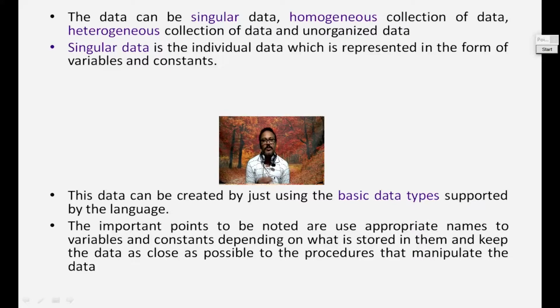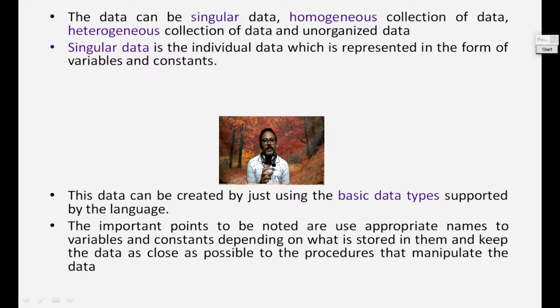Singular data means simple variables. Suppose you are writing a program to add two numbers. So A, B are the two numbers, C is the output, which stores the sum of the two numbers. Such data is singular data, and such data can be easily represented.